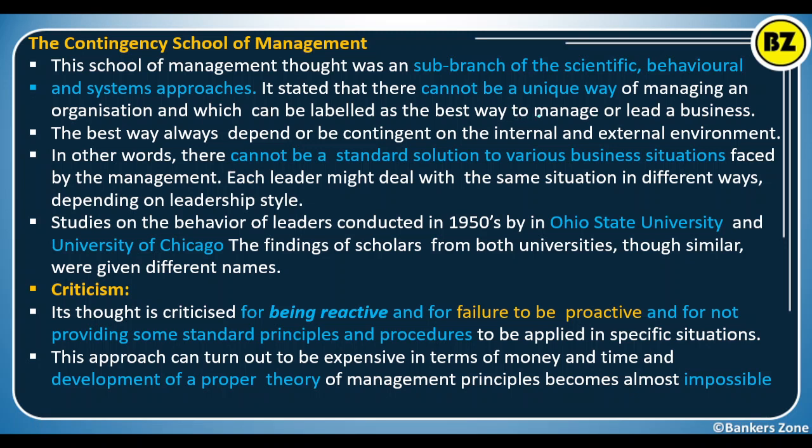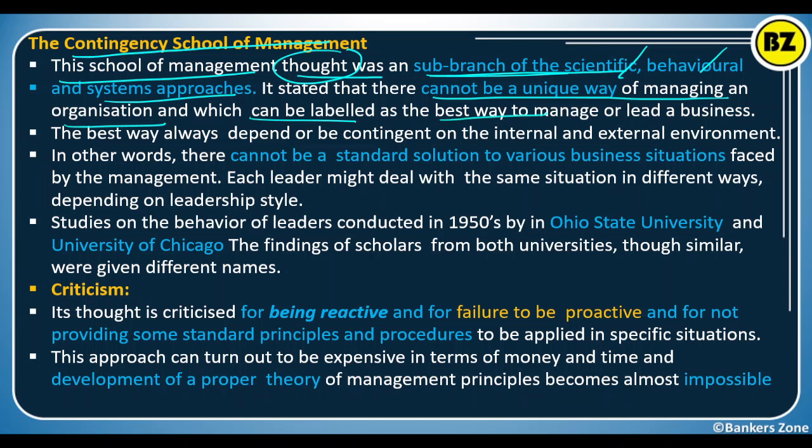The contingency school of management was a sub-branch of the scientific, behavioral and systems approaches. It states that there cannot be a unique way of managing an organization which can be labeled as the best way to manage or lead the business.